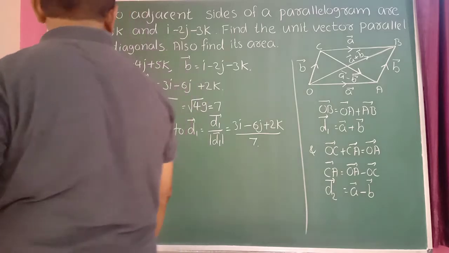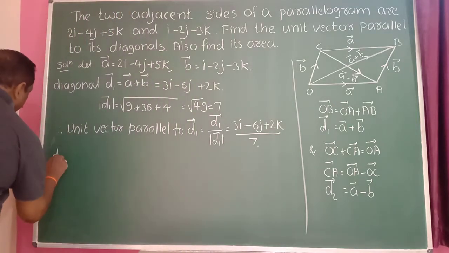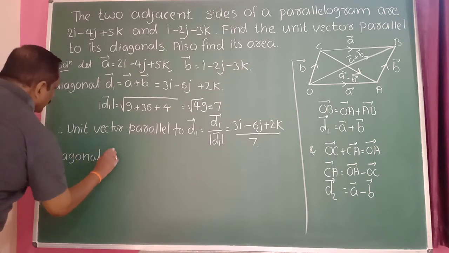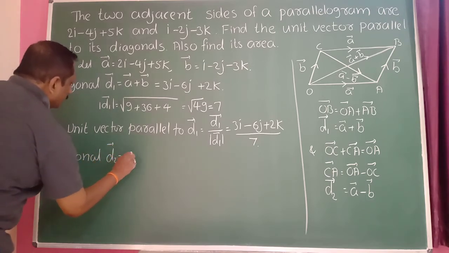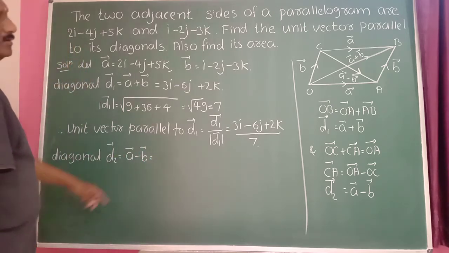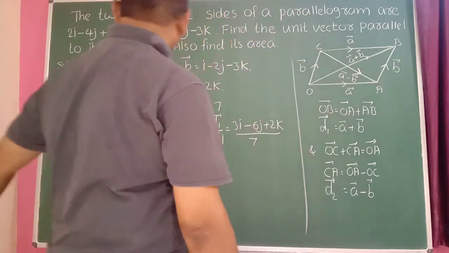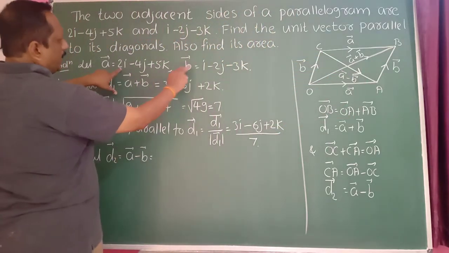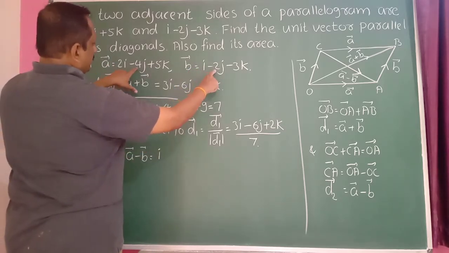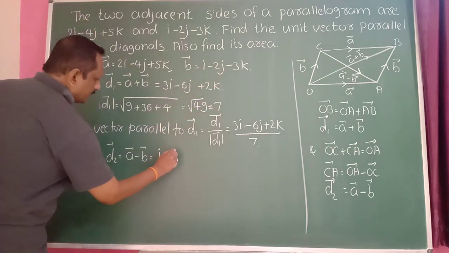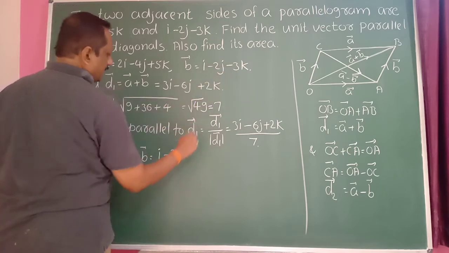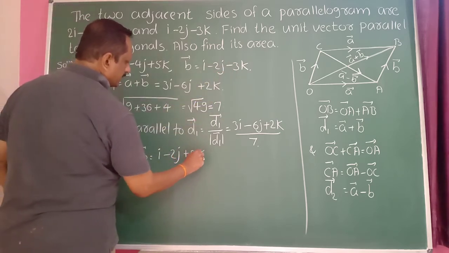Similarly, diagonal D2 is equal to the vector A bar minus B bar, which means this other diagonal. Subtracting, 2i minus i becomes i, minus 4j plus 2j is minus 2j, 5k plus 3k is 8k.